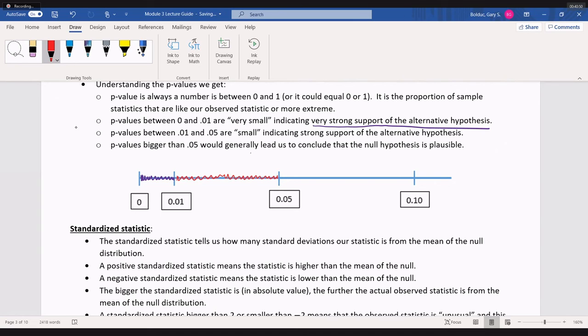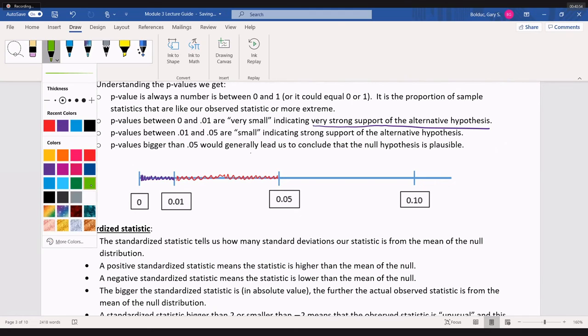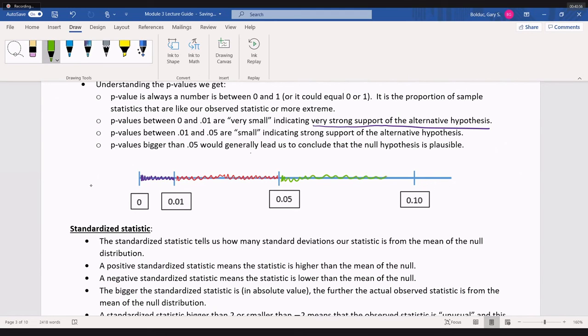If you get any bigger than that, leaving 0.05 and going beyond, we're going to say that's just not quite enough for me to throw out the null hypothesis. If you give me a p-value that's bigger than 0.05, so bigger than 5% probability, then I'm going to say, no, I don't really think I can throw out the null. I think I'm going to have to say the null's plausible.